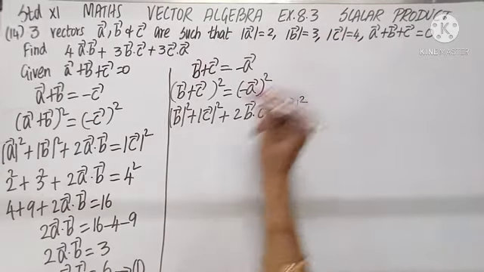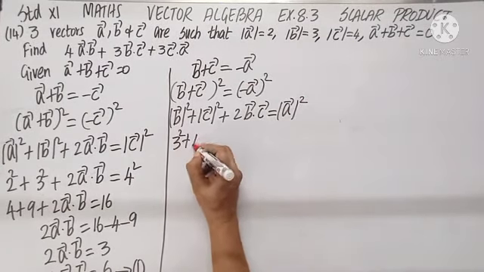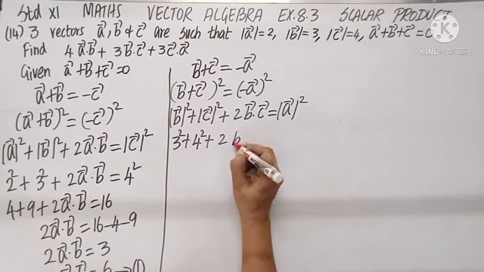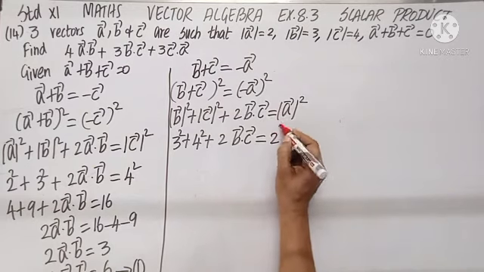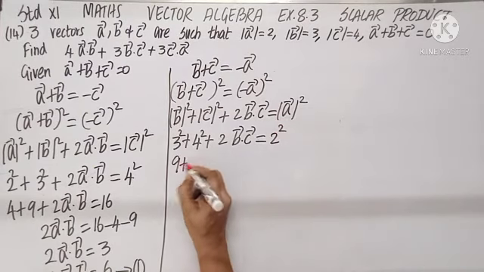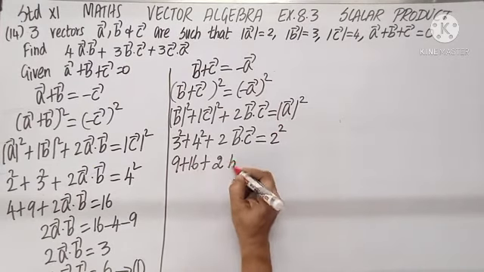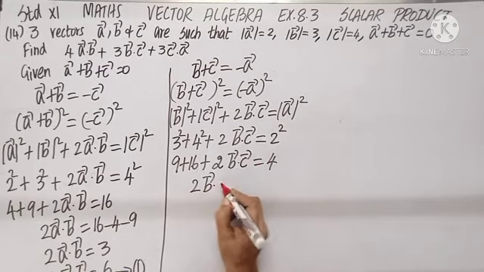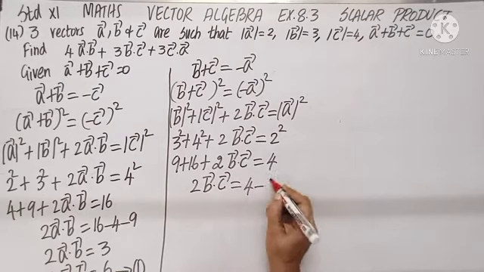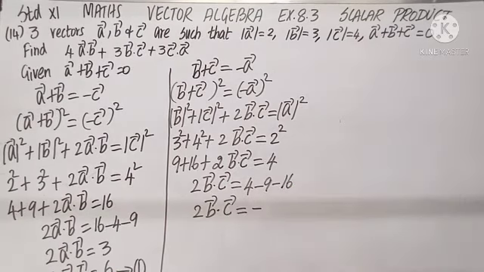As I substitute from here, 3 square plus 4 square plus 2B dot C equals A square, that is 2 square. 9 plus 16 plus 2 times B dot C is 4. So 2B dot C equals 4 minus 9 minus 16. 2B dot C equals minus 21.